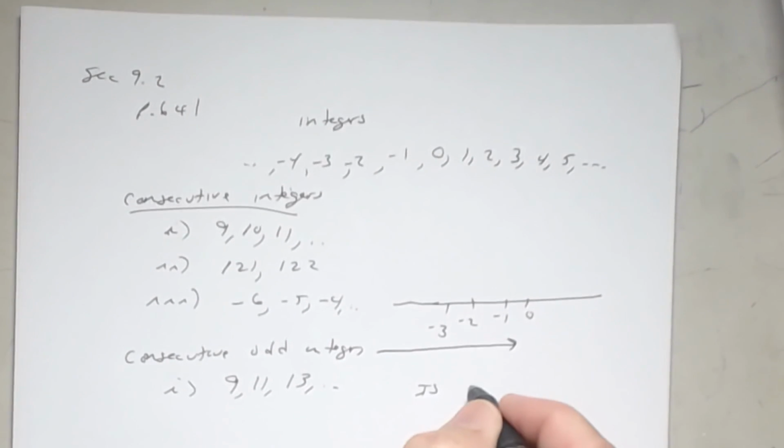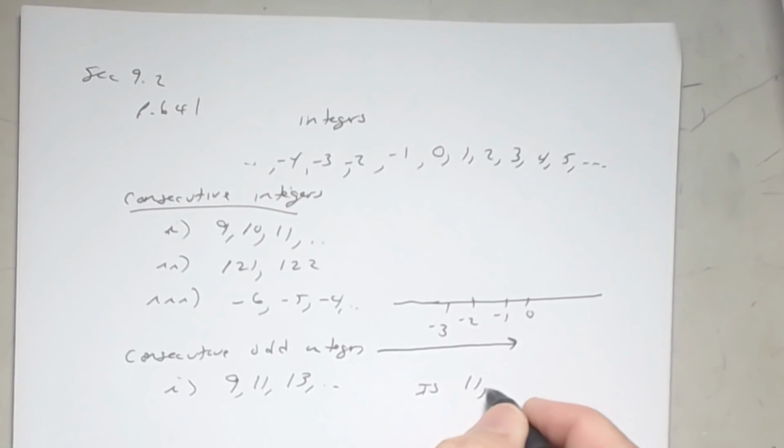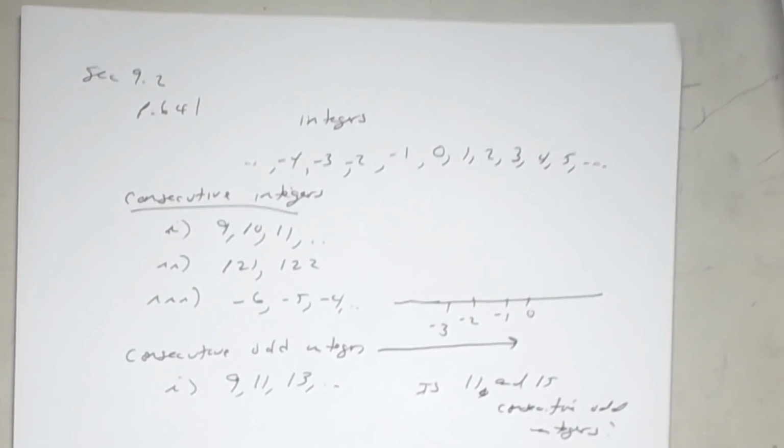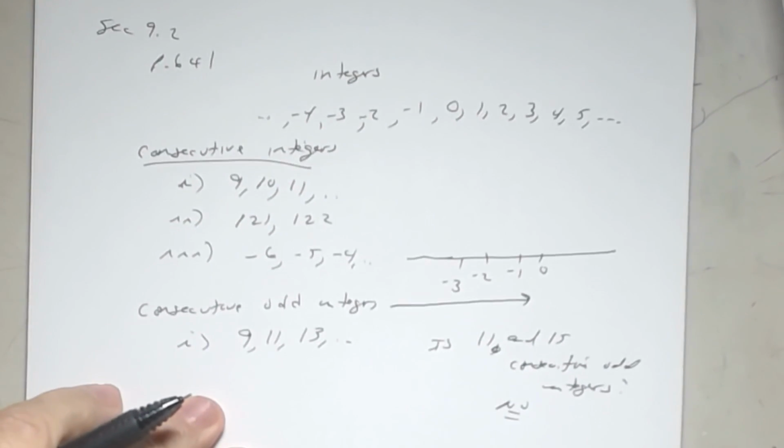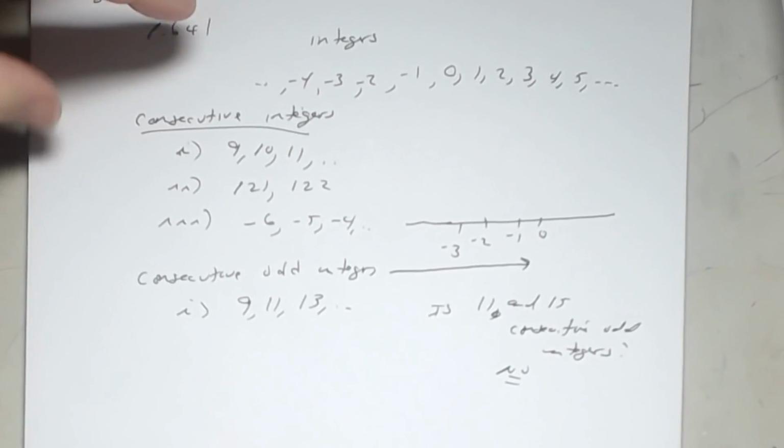Are 11 and 15 consecutive odd integers? No. They're not adjacent to each other. If you start with 11, what's the next number that you need to say? 13. So the answer is no. So those are not consecutive odd integers.